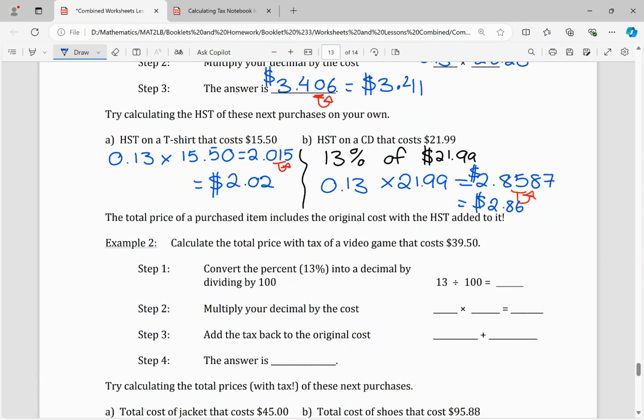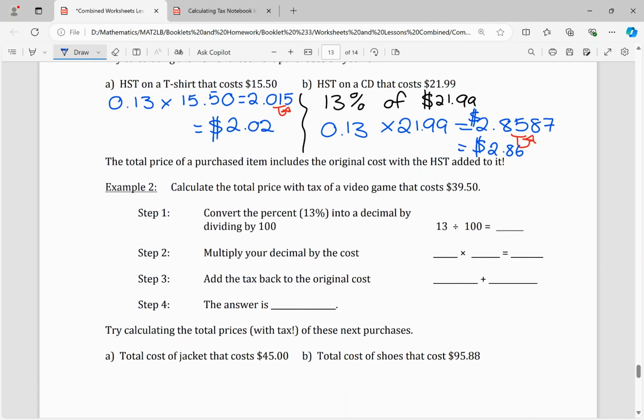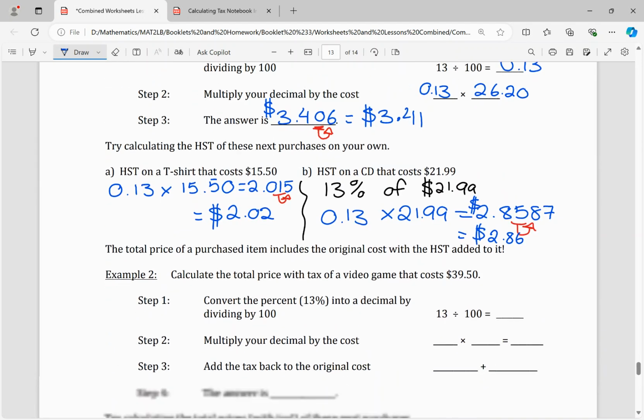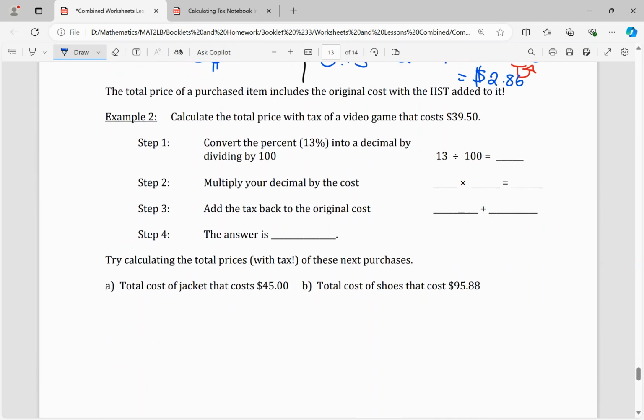Now, this is great, but what we really want is to find the final price with tax. And calculating the final price of an item after tax is a very similar process with one step added to the end. Let me show you what I mean. Calculate the total price with tax of a video game that costs $39.50.